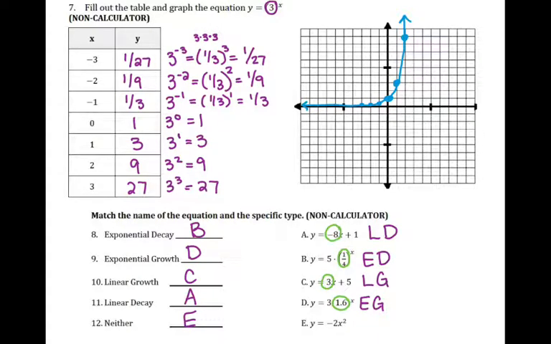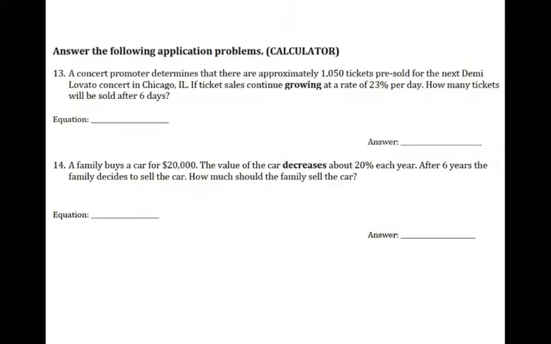All right, let's see what's next. Word problems. So for the word problems, we do need to pay attention to whether we have exponential growth or exponential decay, and we are going to start by writing the equations. Now, in order to write the equations, we need to know two things. We need to figure out what A is, and we need to figure out what B is. That way we can write the equation in the form y equals A times B to the x.